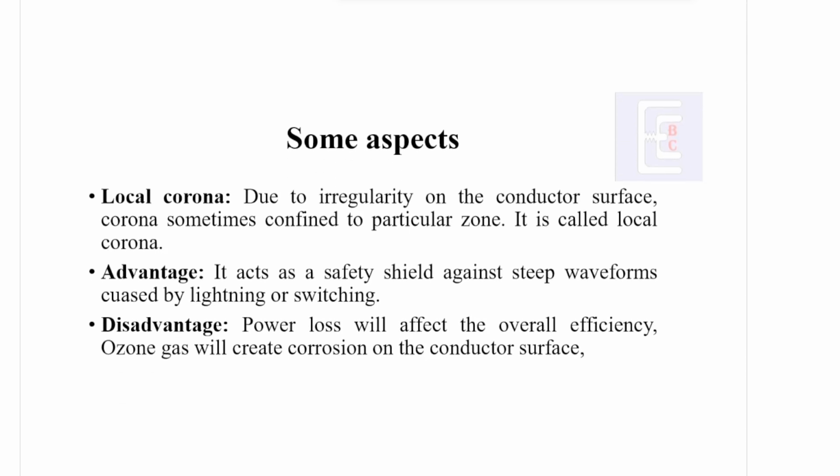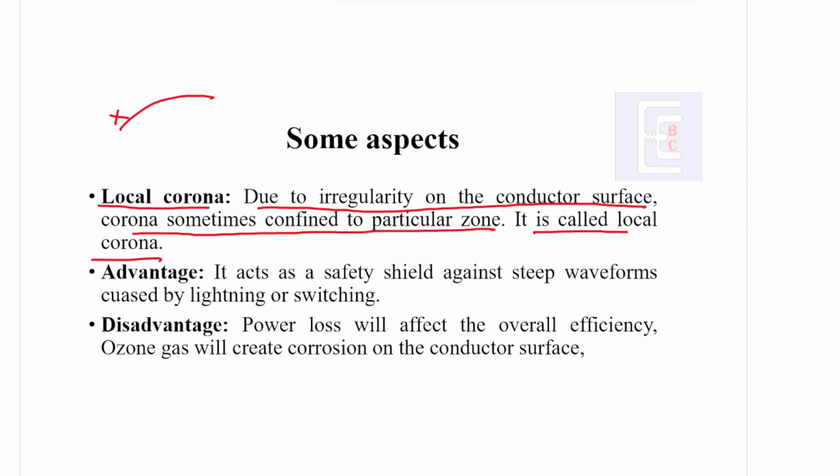Next important term is local corona. I have already explained what local corona is. Due to irregularities on the conductor surface, due to roughness or dirt, corona is sometimes confined to a particular zone. It is called local corona. Suppose this is a part of the conductor surface. We have one dirt here, one pollutant here. So this gap distance is very small. For this zone, the E by D ratio or V by D ratio is very large.